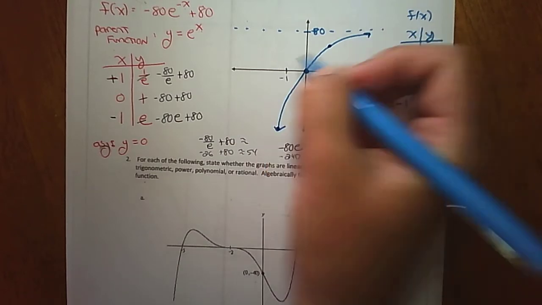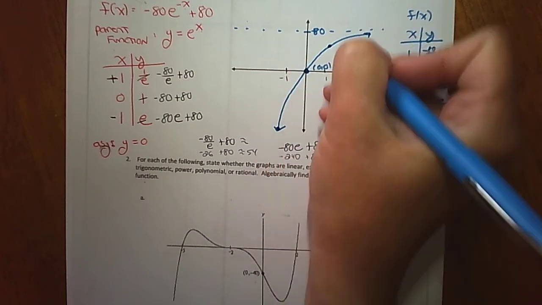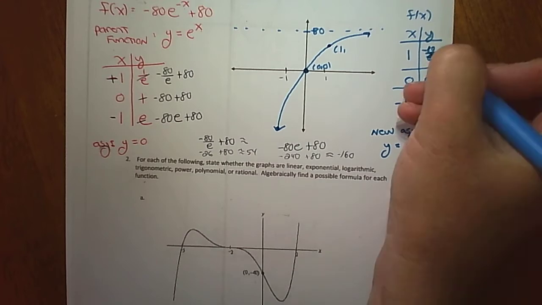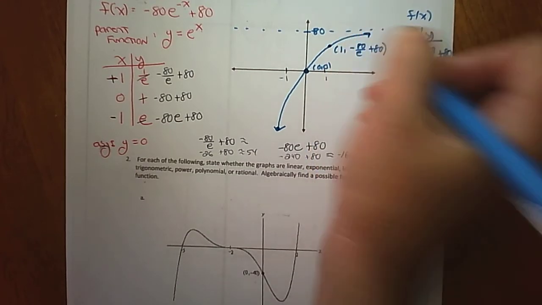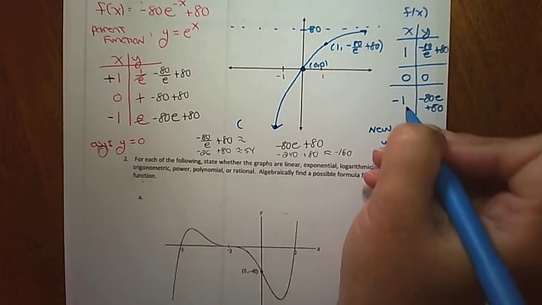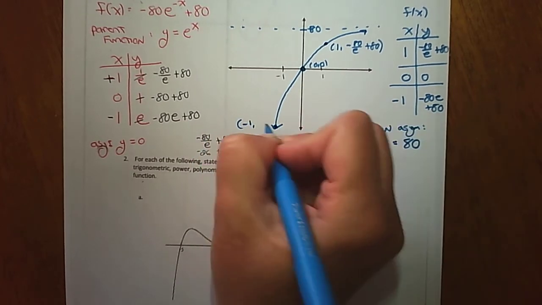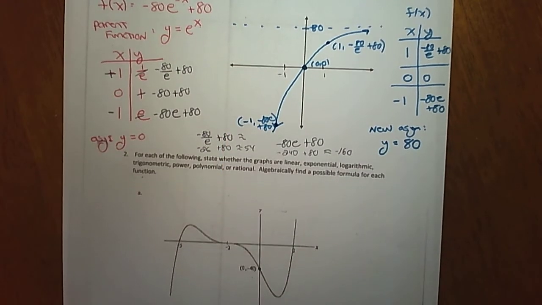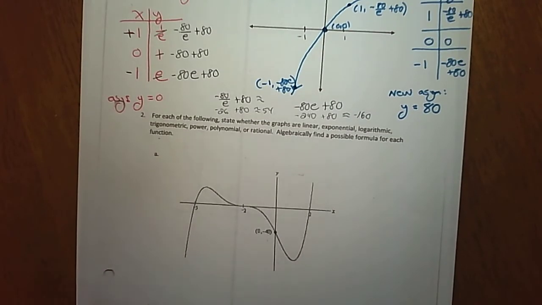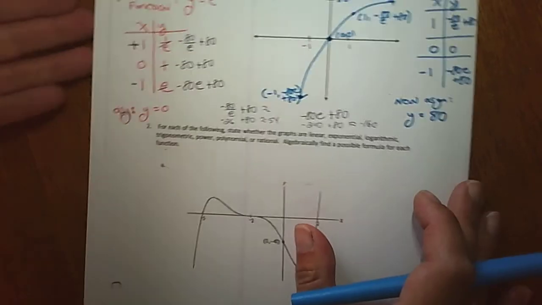All you have to do is label these. This is 0, 0. This would be 1, negative 80 over e plus 80. Again, we're just ballparking. And this guy would be negative 1, negative 80e plus 80. And there you go. It doesn't have to be perfect. And if you do these charts, I can literally follow along your thought process, and I understand what's going on.